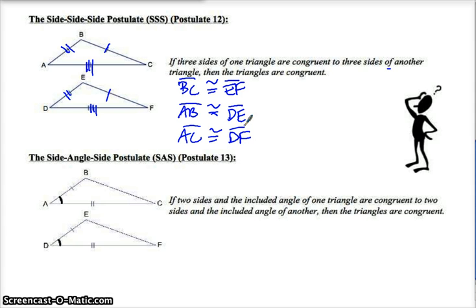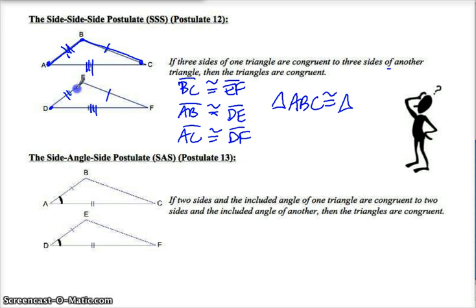Now, if that's the case, that means they're included angles. So if these three sides are congruent to each other, that means triangle ABC is congruent to what? Well, I went from A to B to C, so I need to follow these same marks. It just so happens I went in alphabetical order.